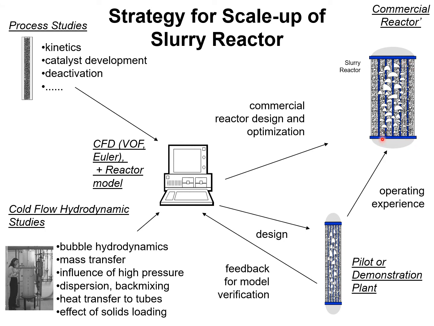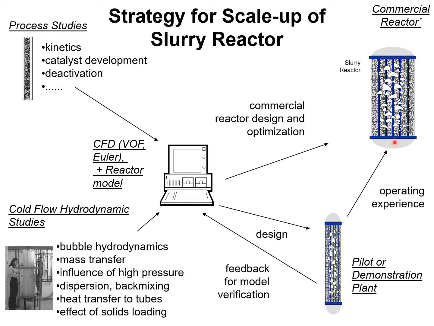The highly exothermic Fischer Tropsch reaction requires the use of cooling tubes, and we have vertical cooling tubes present in the reactor. Now, this is perhaps the most complicated reactor on this planet from the point of view of scaling up.